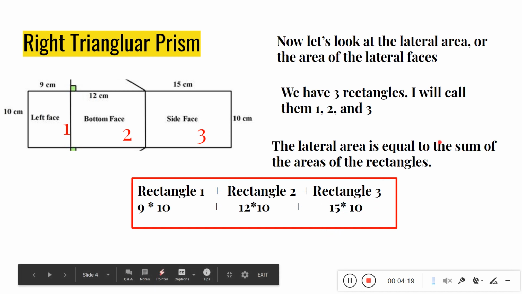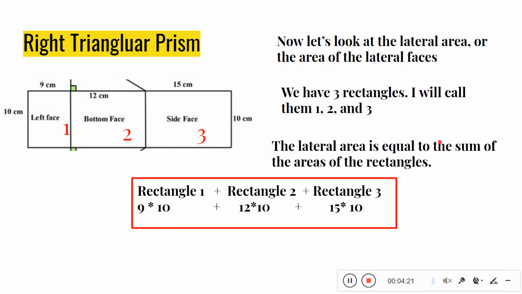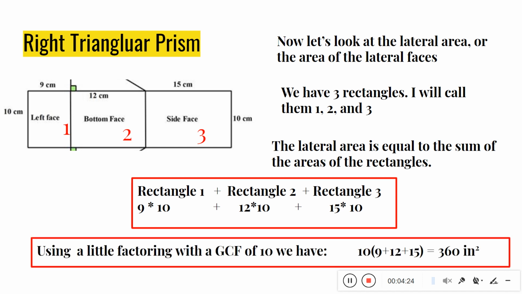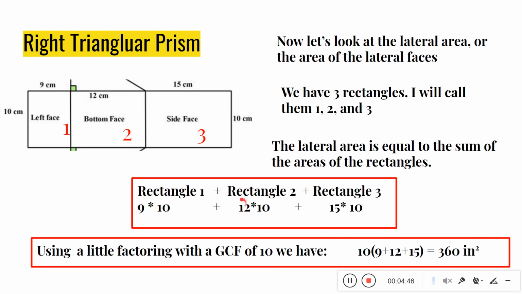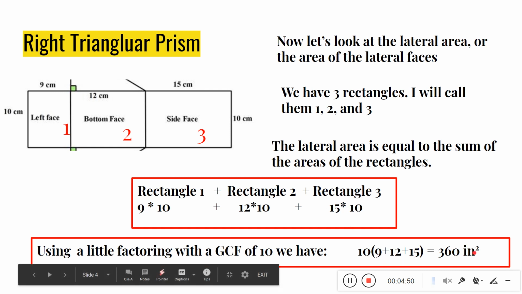Now I'm going to review a little bit of algebra with you here. If we do a little bit of factoring, if you remember GCF, which is greatest common factor, this has a factor of 10, this has a factor of 10, and this has a factor of 10. So I can factor out that GCF of 10, leaving me with 9 plus 12 plus 15, which is 360 square inches.